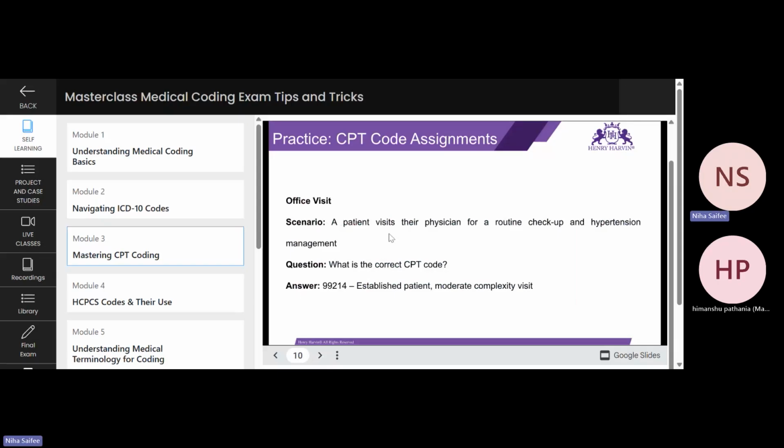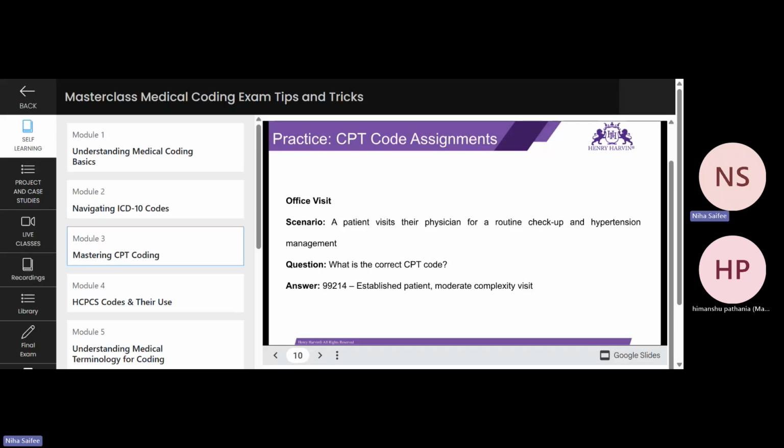Office visit scenario: the patient visits the physician for a routine checkup and hypertension management. So it's routine and hypertension. So 9921x for an established patient, moderate complexity visit. An established patient means the patient is already coming, like comes for follow-ups.